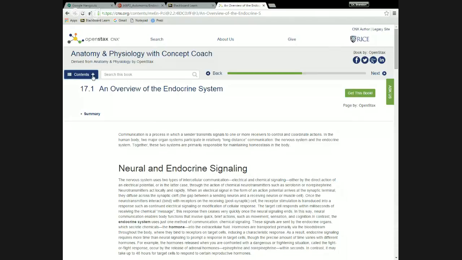So these three terms, endocrine, paracrine, and autocrine, really just are talking about how far away the target is. If the target is the cell that's secreting the hormone itself, that's an autocrine signal. If it's a neighboring cell, that's paracrine. And if it's something that has to be reached by going through the bloodstream, that's endocrine.